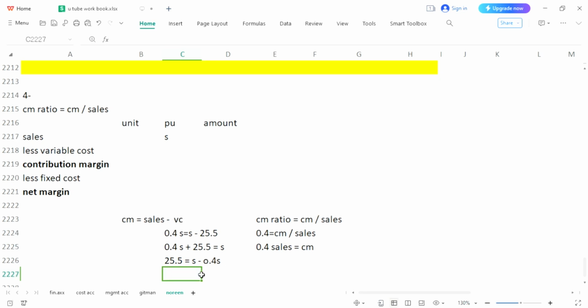Now next, if there is nothing written as coefficient with any variable, it would be 1.